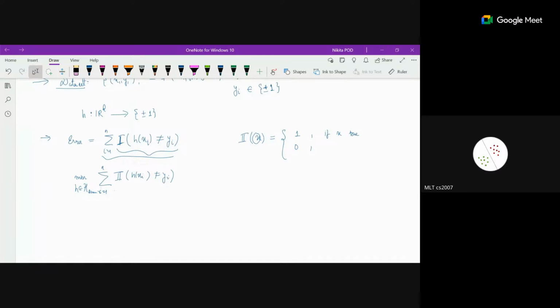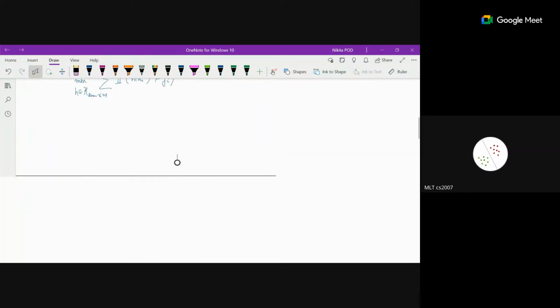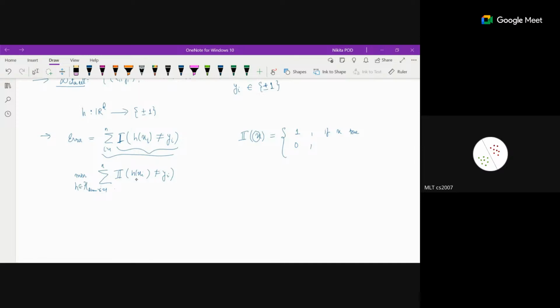Now, how do we define this h of x? We know that this h of x can be defined as w transpose x, such that you have h is equal to w transpose x_i, right? So this can be equivalently written as: minimize your indicator function.